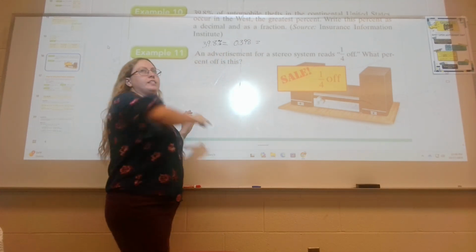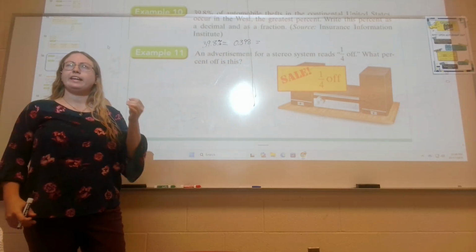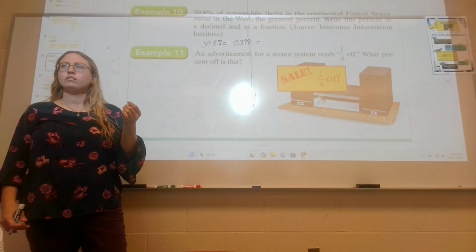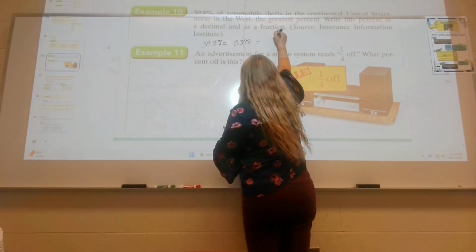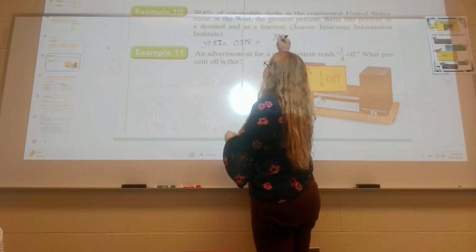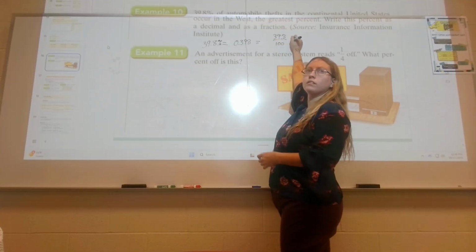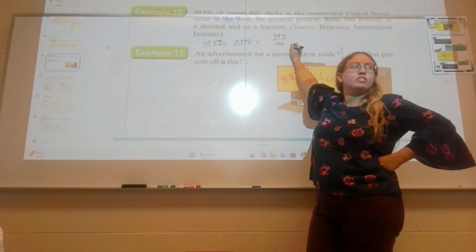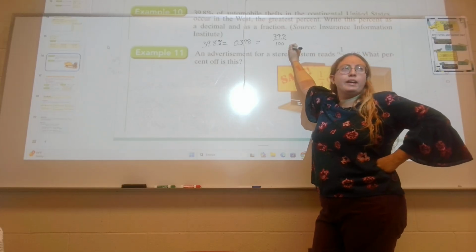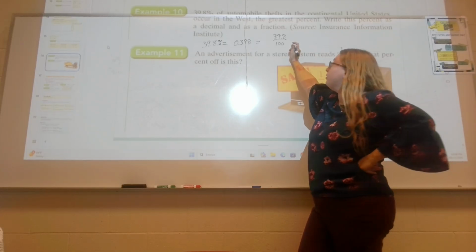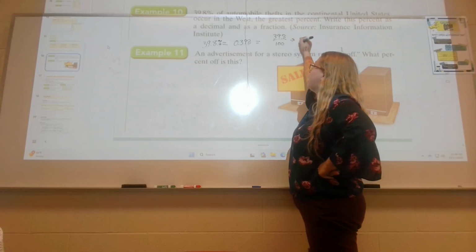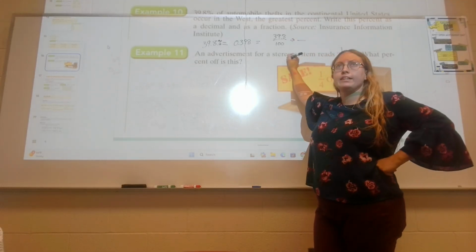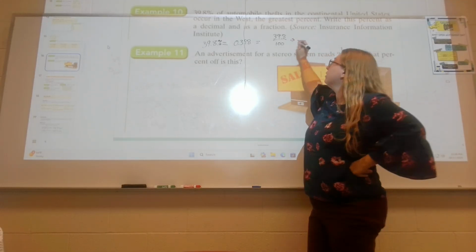If I was going to write this as a fraction, it's 39.8 over 100. But am I going to leave it as 39.8 over 100? Do we like to have decimals and fractions? No, we like to pick one or the other, right? We don't like to keep both. So 39.8 over 100 is the same as 398 over 1,000, right?